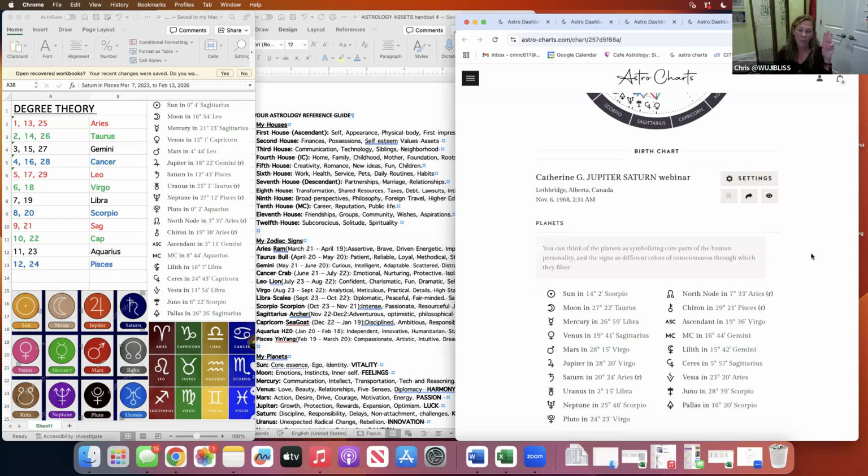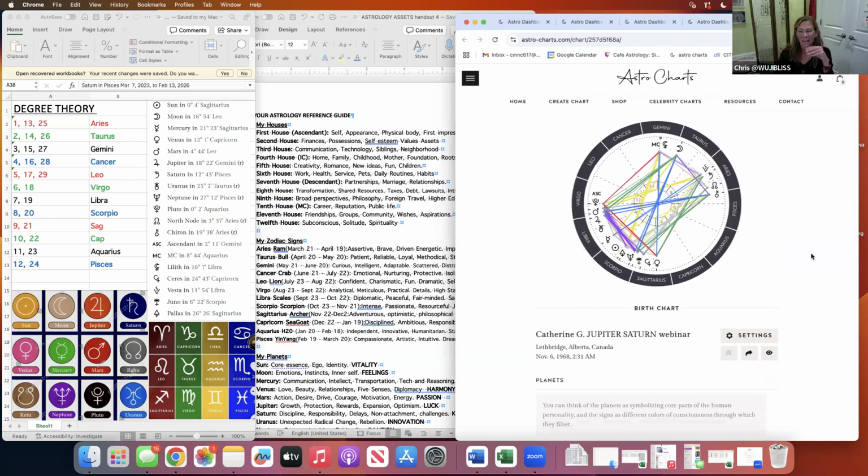When we have 3 or more astral bodies, and I say astral bodies because I also take into account the asteroids, in one zodiac sign, as Catherine does, she has 4 strong planets in Virgo. That's called a stellium. It's called a superstellium.